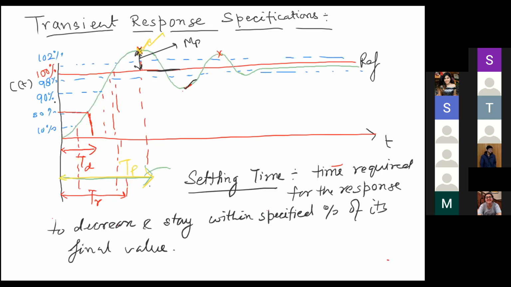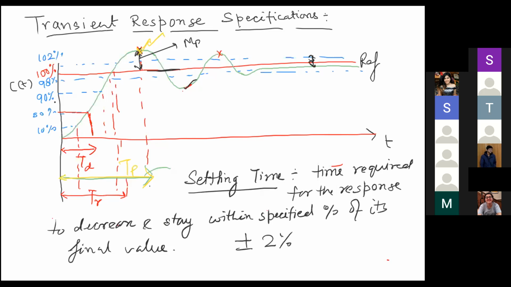For example, the specified percentage is plus minus 2%. So here you can say that it goes from 100% to 102%, or it is reducing to 98%. So plus minus 2%.